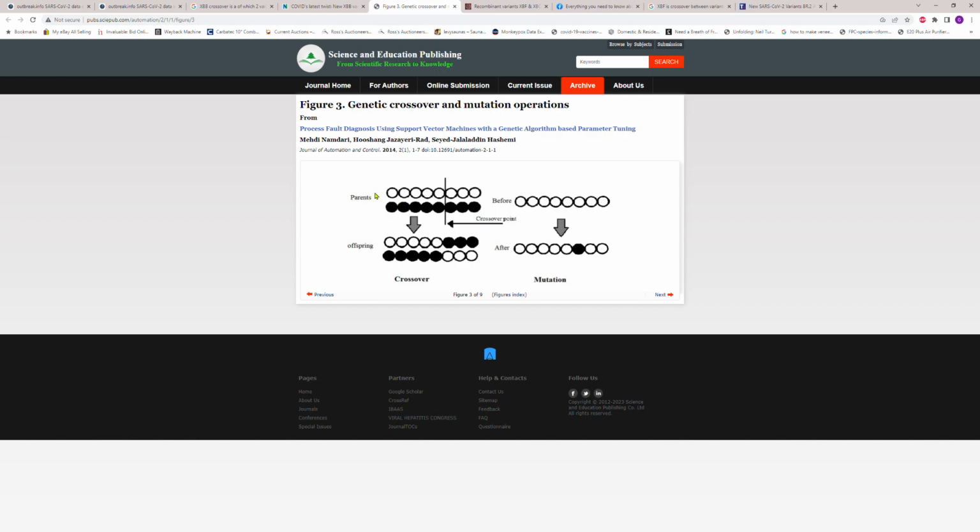Anyhow, when someone is infected with two different variants, then what can happen is that as each variant is talking to your DNA to make a copy of itself, it has a point where it crosses over from one of the variants to the other variant. So the person is infected with two variants at the same time.